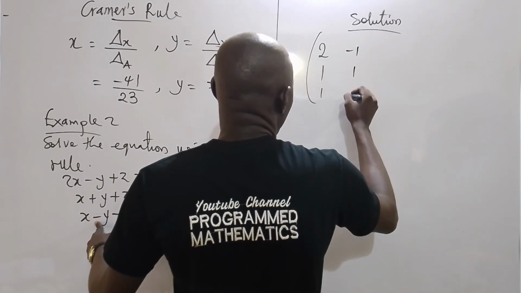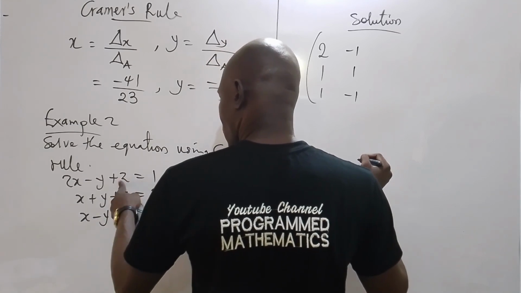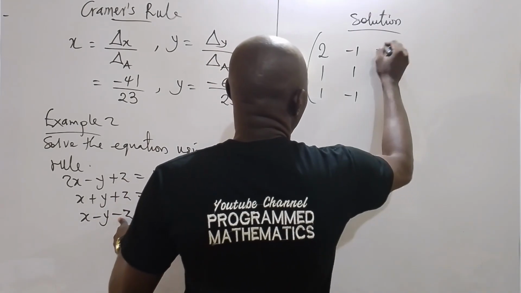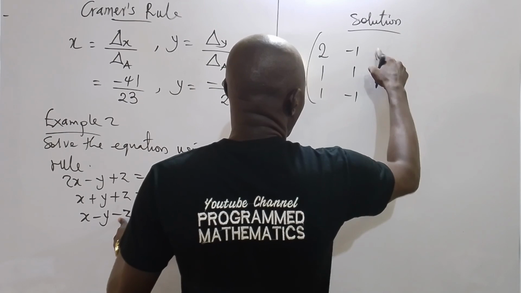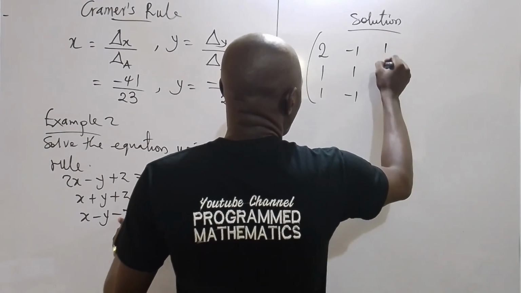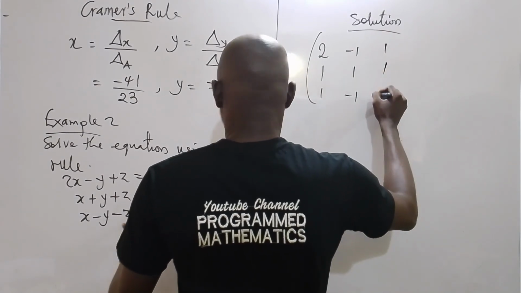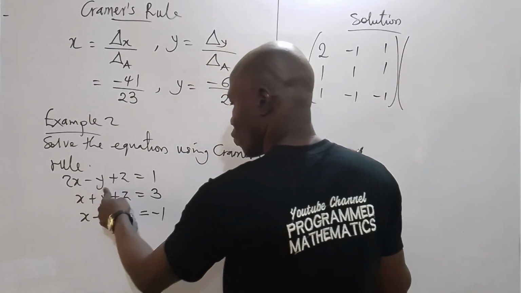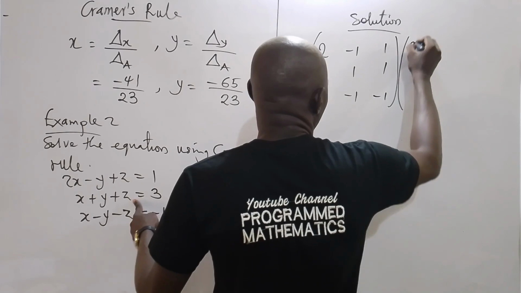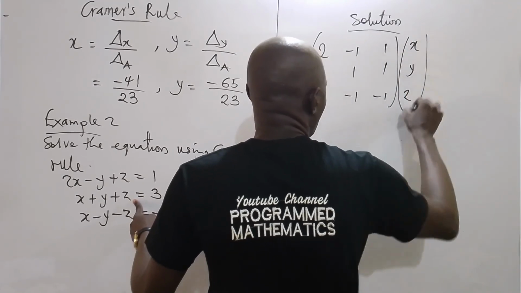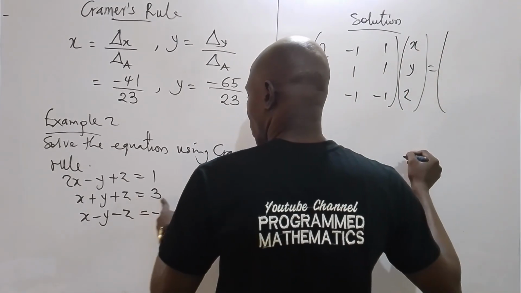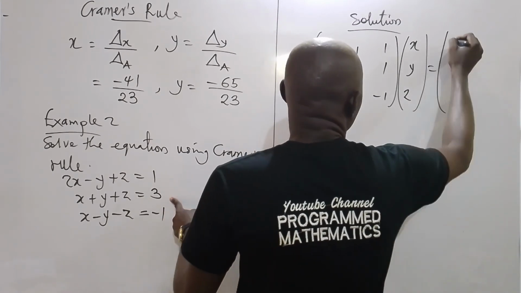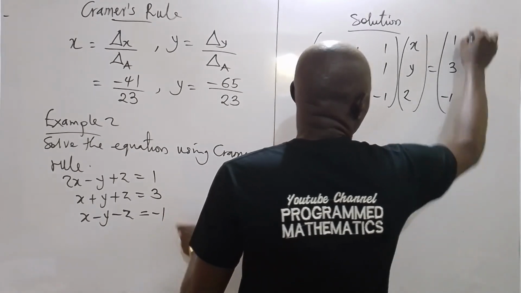For z, plus 1, plus 1, minus 1. Then the variables x, y, z in that order. And then the results after the equal sign: 1, 3, minus 1.